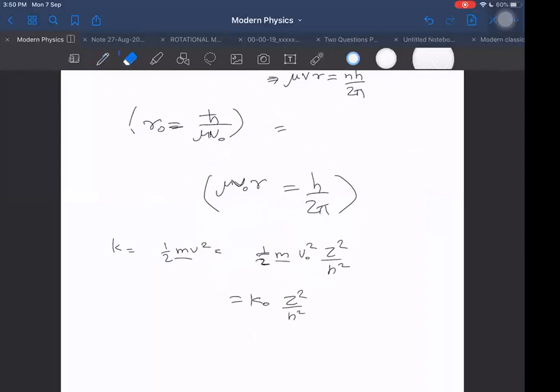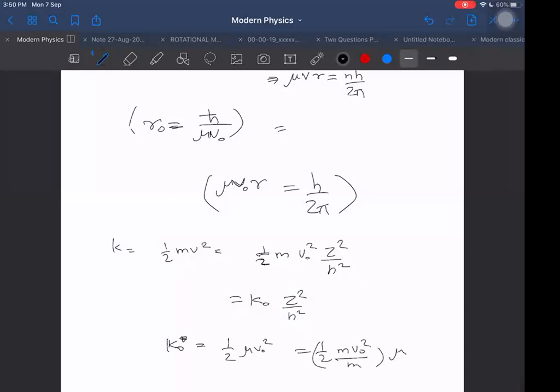If I take reduced mass into account, I will write K naught star will become equal to half of mu into v naught square, which is equal to half of m into v naught square by m times mu, which I can write as K naught into mu by m. That will be K naught star.